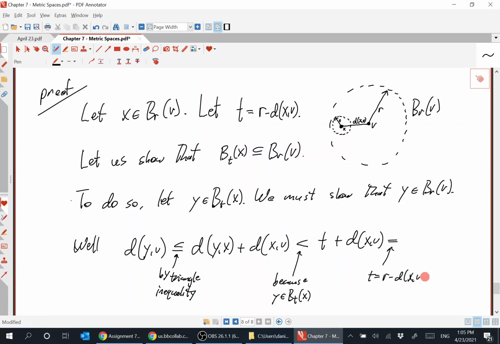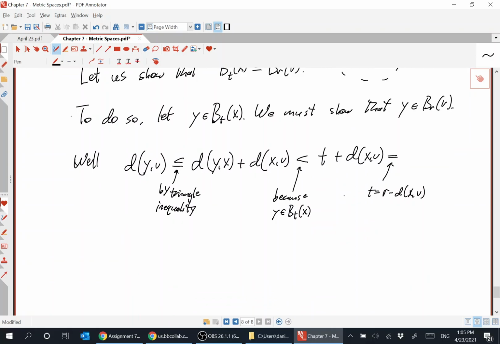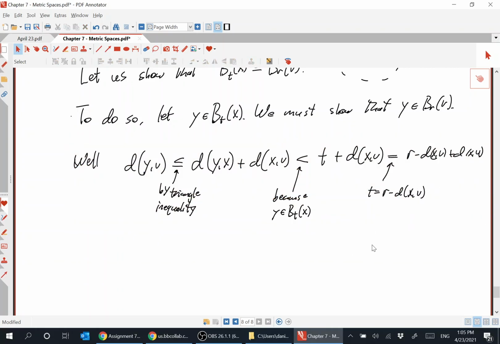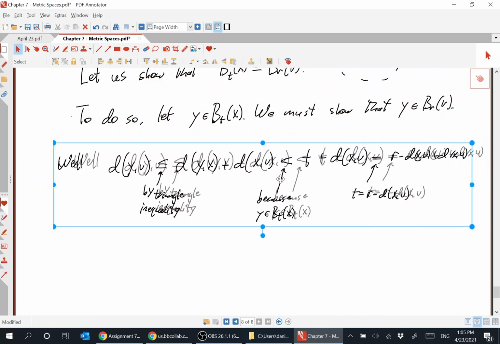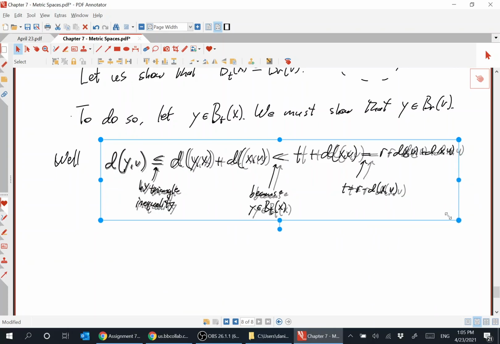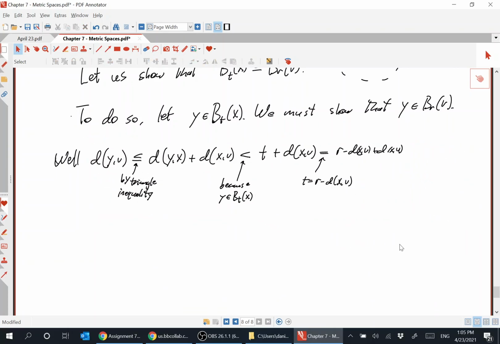So this is R minus dxv plus dxv, which is just R. So there it is.